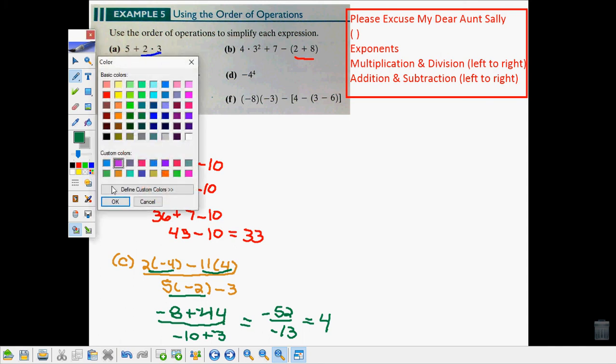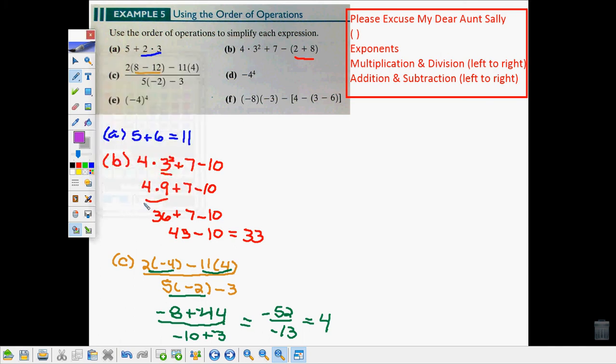Okay, let's do part D. Now I want you to notice the difference in D and E. One of them has the negative 4 in parentheses, on E. D does not. When that negative 4 is not in parentheses, it stays in the front. So we're going to do the 4 to the 4th first, which is 256. And then that negative stays in front of our answer.